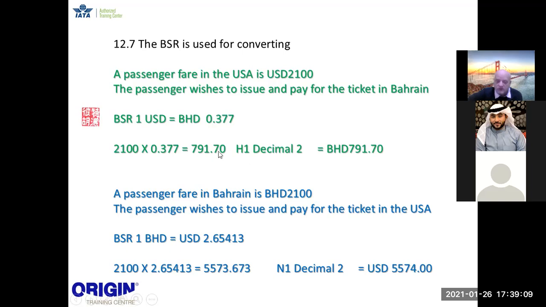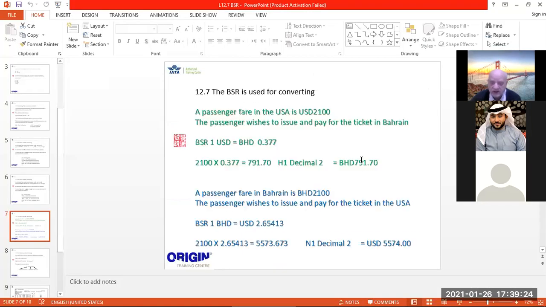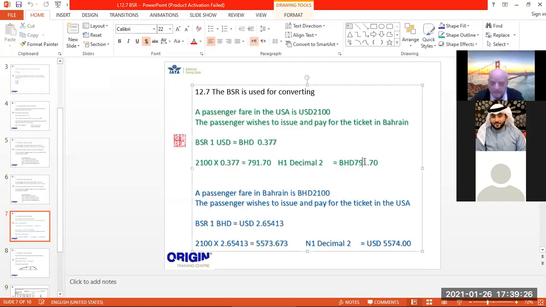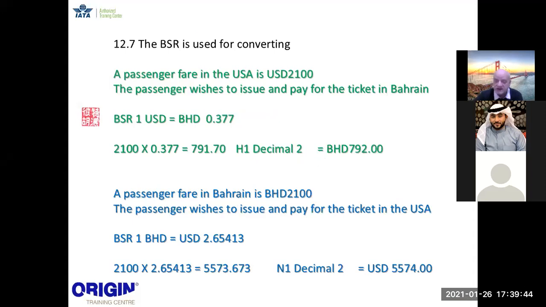So if it's .7 and I have to go up, this final answer should be 792. And how many figures after the decimal point? What does it say here? Decimal, how many? 2. So I want 792.00. You see, you're spotting when things are not right.